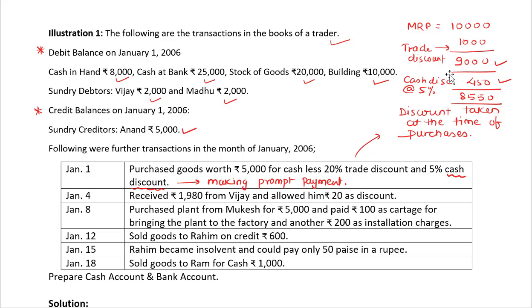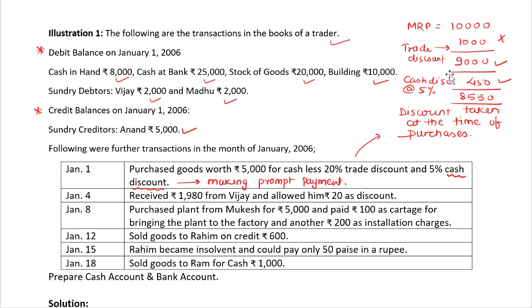So this 450 will find place in the books of accounts, will be recorded, but this 1,000 will not be recorded because this is the bargain discount. I believe you understood it well.